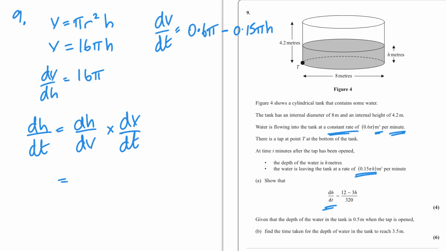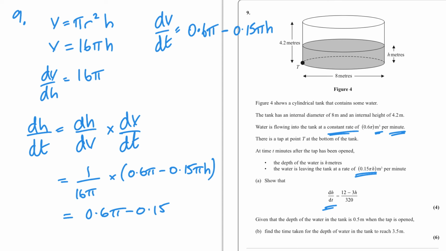So dh by dV is going to be 1 over 16 pi. And dV by dt we know is 0.6 pi minus 0.15 pi h. Right, let's write it as a nice single fraction here. It's a little bit nicer.